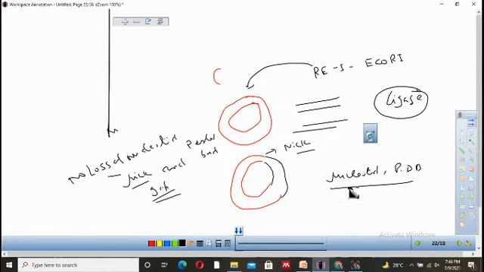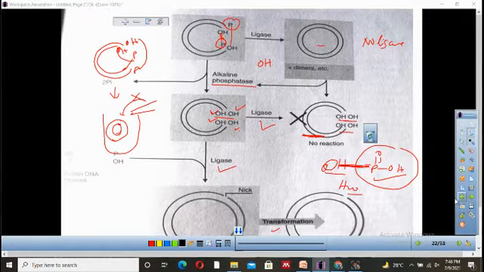In all natural conditions, this ligase is responsible for many types of biological jobs, and that I will deal with through the PowerPoint presentation.